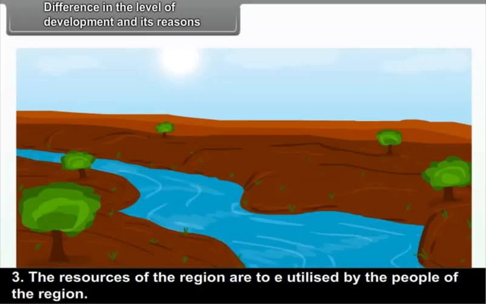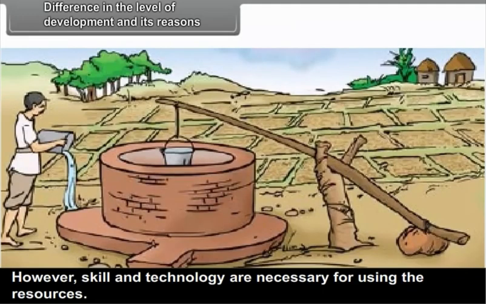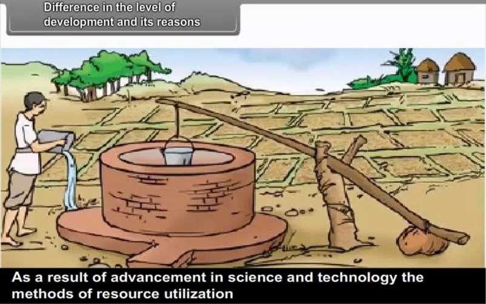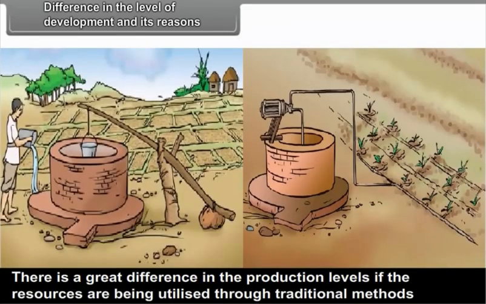The resources of the region are to be utilized by the people of the region. However, skill and technology are necessary for using the resources. As a result of advancement in science and technology, the methods of resource utilization have changed to a considerable extent.